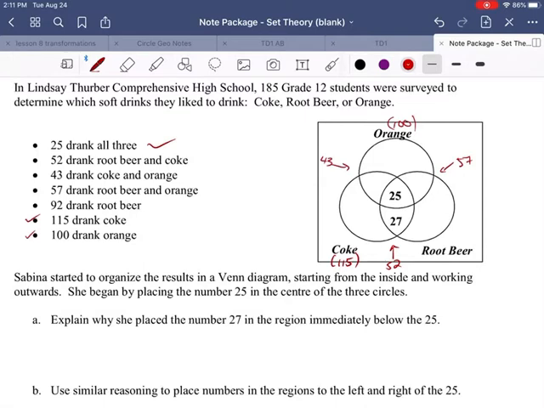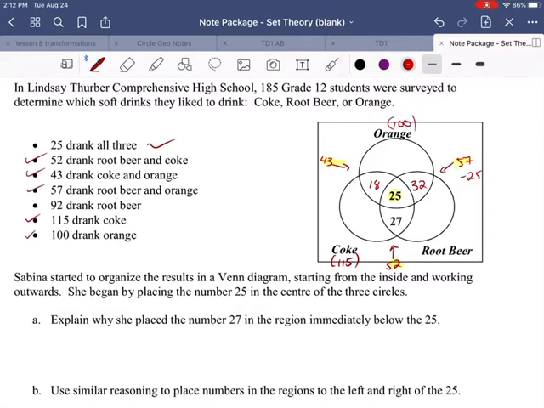However, these three here, they are also going to include this 25. So what you got to do is go 57 minus 25, which is going to leave you with 32 here. And 43 minus 25 is going to leave us with 18. And then the 52 minus 25 gives us the 27 that's there. Perfect. Okay, so we've dealt with the 52, we've dealt with the 43, and we've dealt with 57.